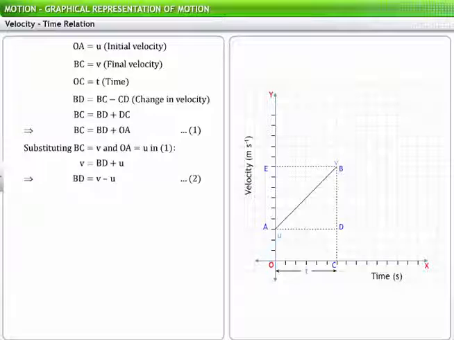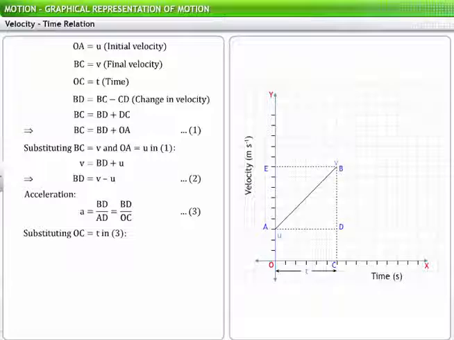The acceleration of the object is the ratio of change in velocity to time taken. From the graph, acceleration A is equal to BD divided by AD, which is equal to BD divided by OC. Let's call this equation 3.